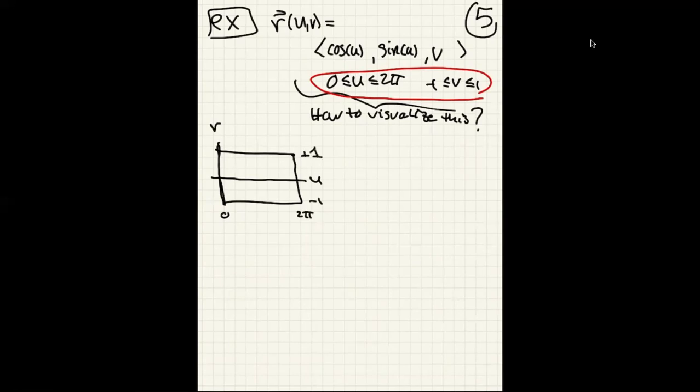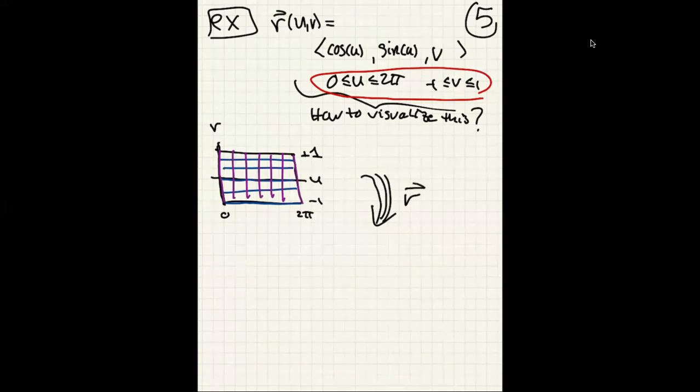Okay, and what I'm going to do is write my U horizontal strips as blue lines, and my vertical V lines like this. And so like before, what R does is it takes this rubber sheet and stretches it and pushes it around in 3D space, and it's going to give us a surface.